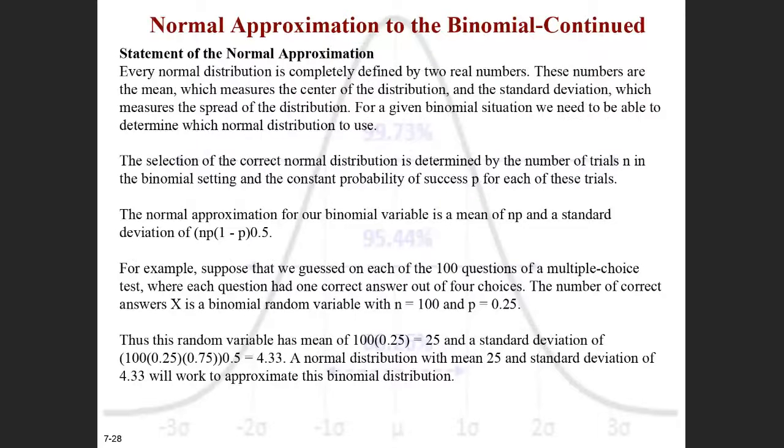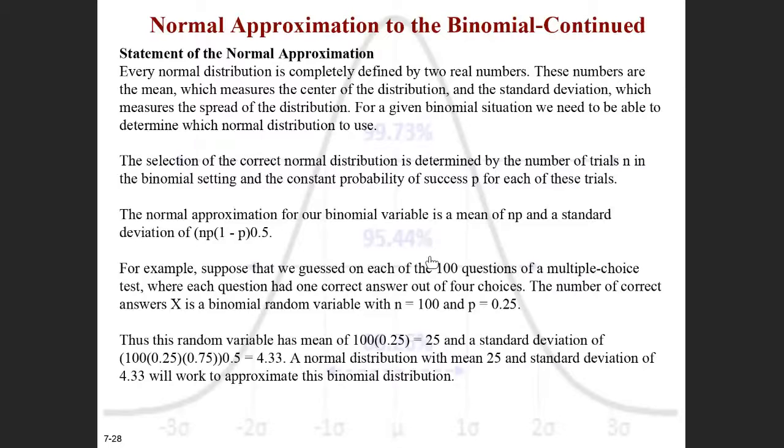Every normal distribution is completely defined by two real numbers. These numbers are the mean, which measures the center, and the standard deviation, which measures the spread. For a given binomial situation, you need to be able to determine which normal distribution to use. Selection of the correct distribution is determined by the number of trials n in the binomial setting and the constant probability of success p for each of the trials.